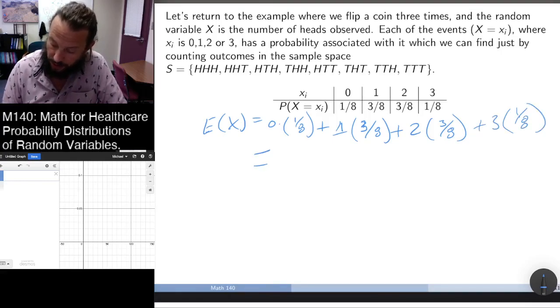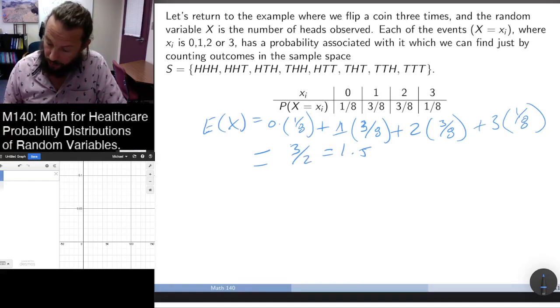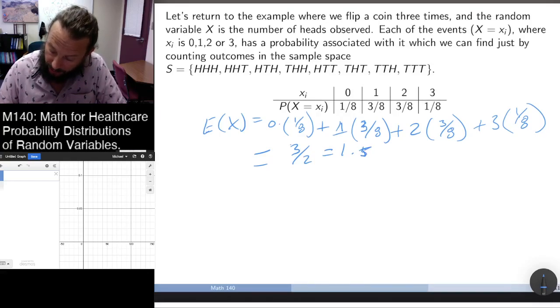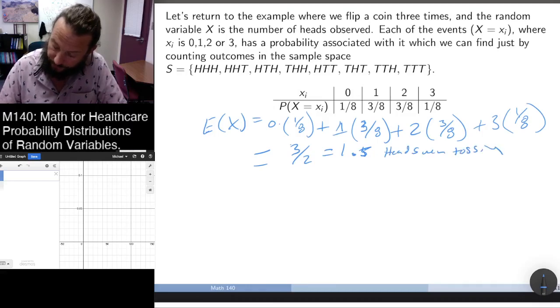Turns out this ends up being 3/2, which is 1.5. x is the number of heads, so there are units on that. That is 1.5 heads when tossing 3 coins.